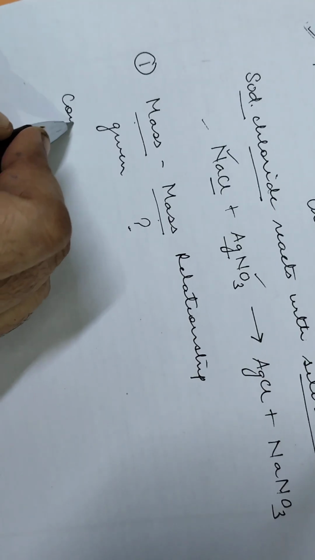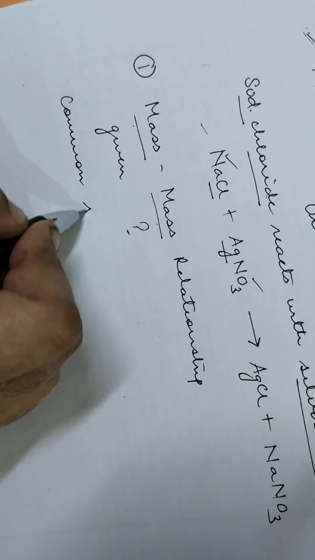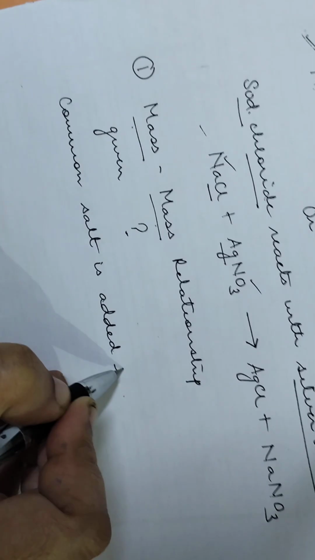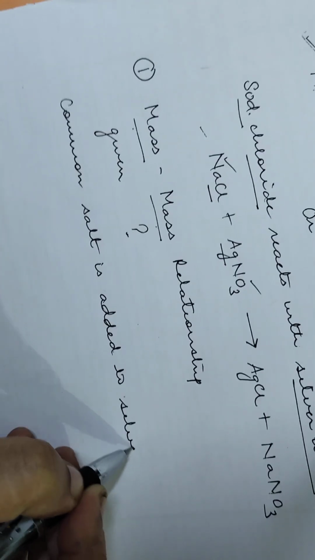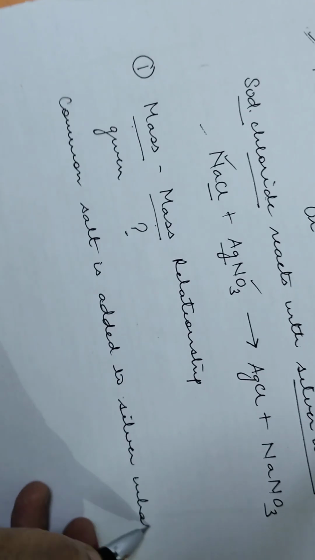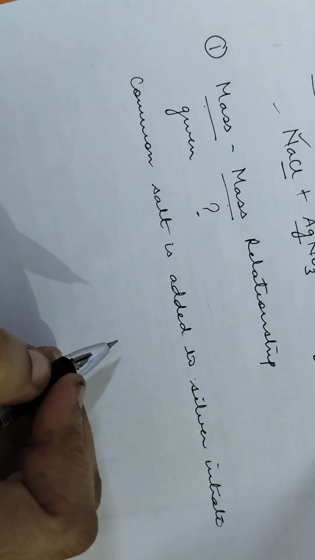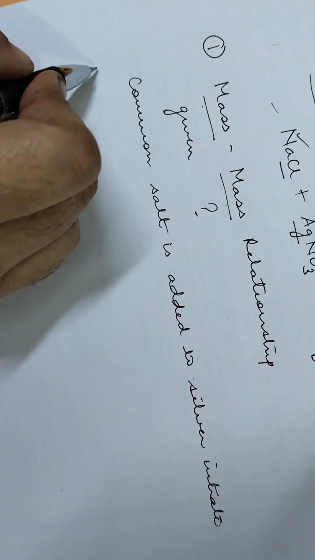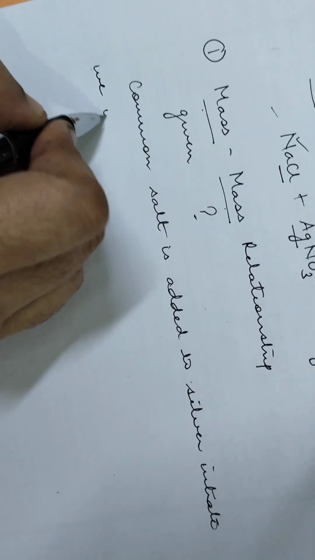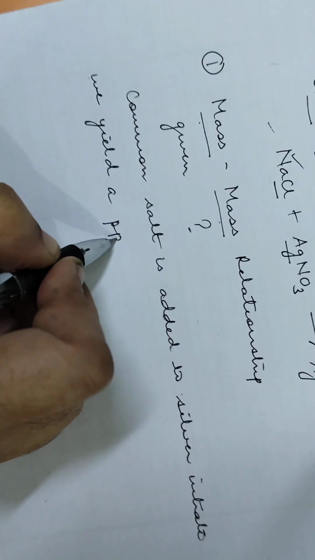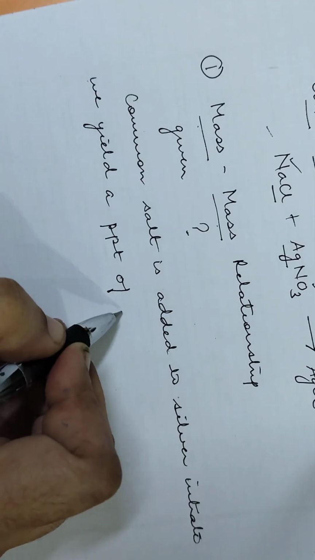So when common salt is added to silver nitrate, common salt, you should know that it is NaCl. When common salt is added to silver nitrate, we yield a precipitate of, it is given to you in the question, silver chloride.